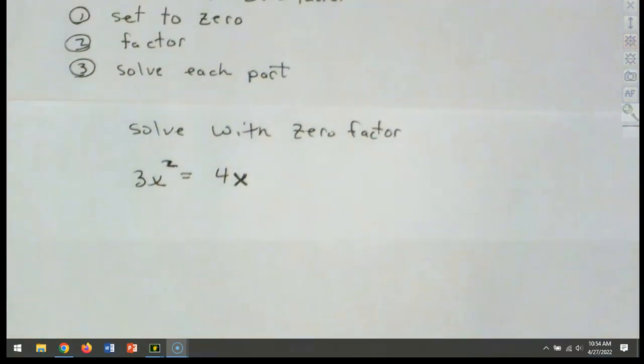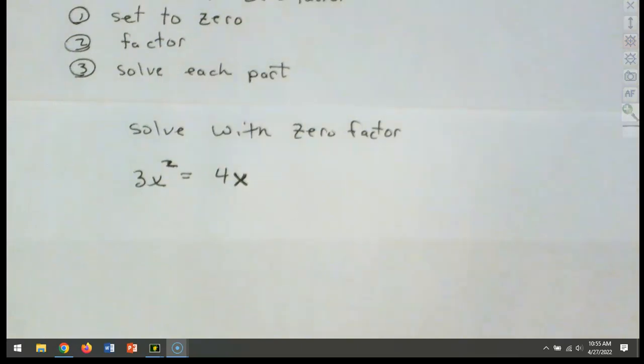Now, when we look at this one, we cannot ever divide by the variable x. So you cannot divide by that x. What you have to do, since this is a polynomial, and we've got that x squared in it, we have to set it to 0. This is nonlinear. So we're going to have to set this to 0.